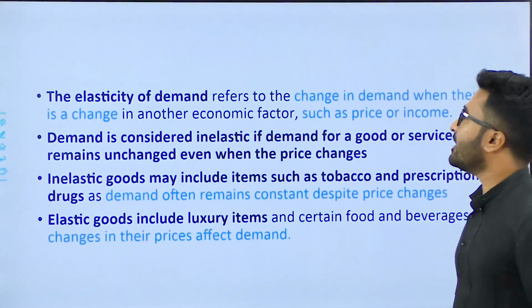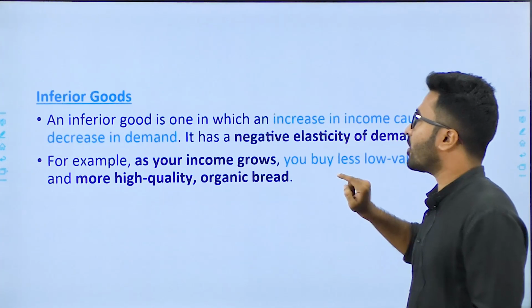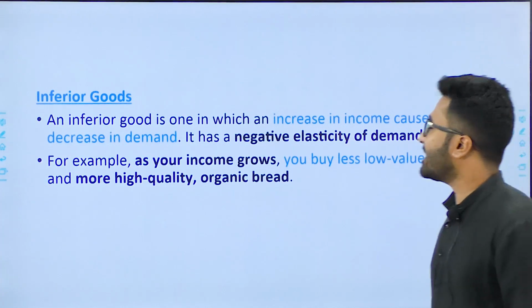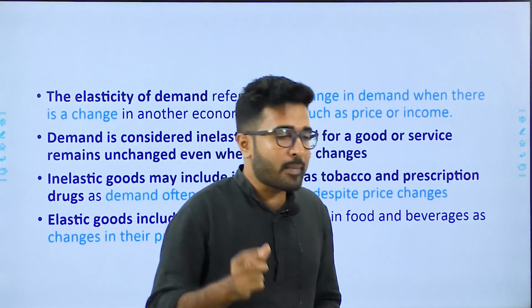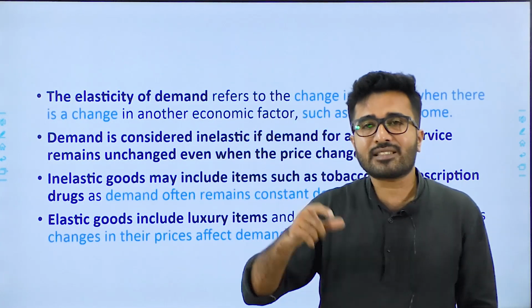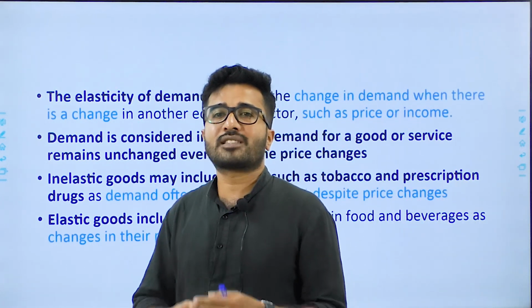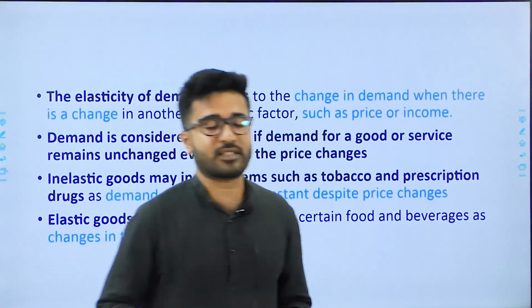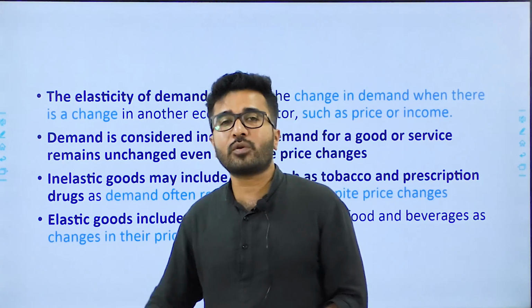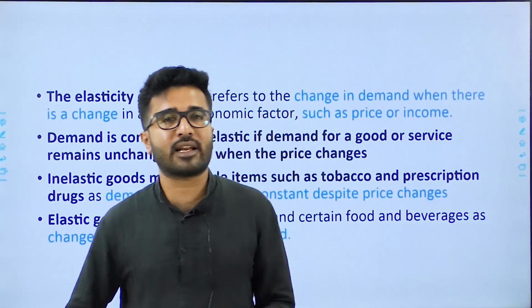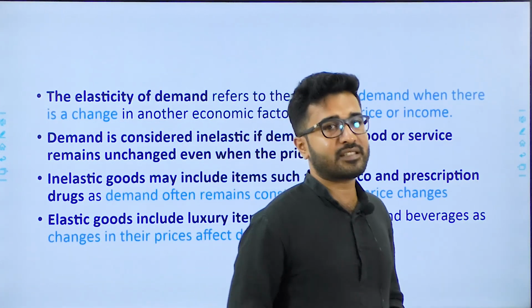Then there is a feature of the inferior good, that is the negative elasticity of demand. What is elasticity of demand? It is when the demand for a particular good increases or decreases according to some economic variable changes. For example, the price of a particular good increased. What will happen to its demand? Whether it will increase or decrease, that thing is known as elasticity of demand.